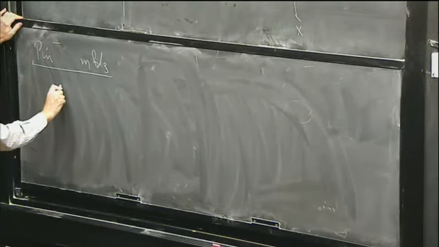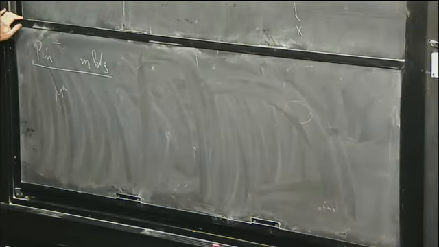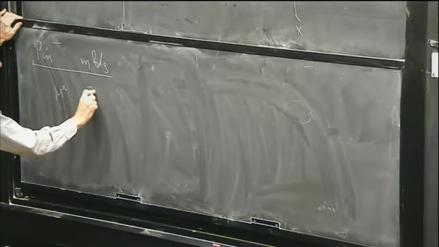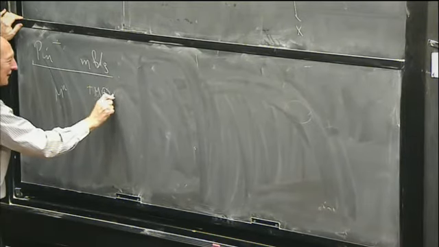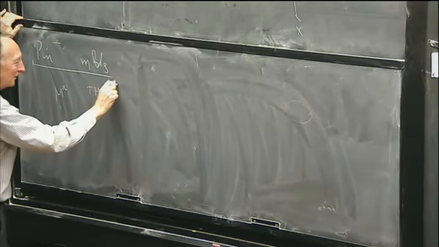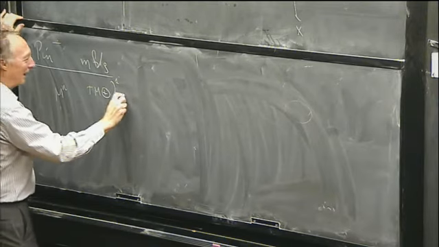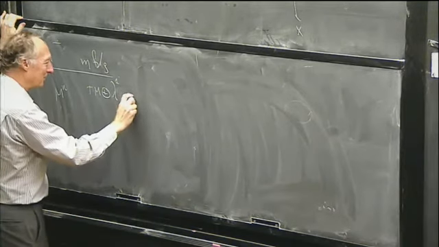An n-manifold has a Pin minus structure if the tangent bundle, I could do this for bundles, but let me just do it for manifolds, if the tangent bundle plus a line bundle is given a spin structure.